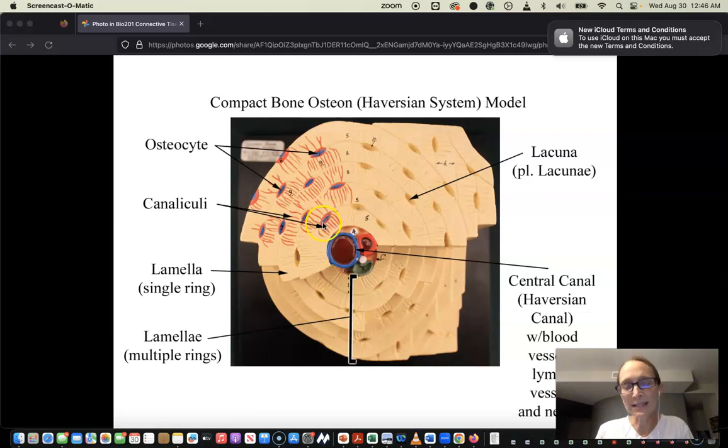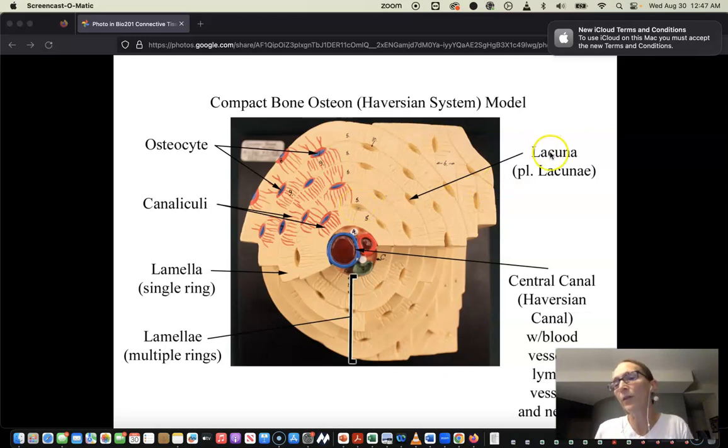Basically wrapping around on the outskirts of each of these lamella, you're going to find the lacuna, which are the spaces in which the osteocytes, the bone cells, are trapped. We talked about that. So here you can see if we remove the osteocytes, which obviously you're not doing in the bone, but if you could, all you'd be left with is the space where the osteocyte was.